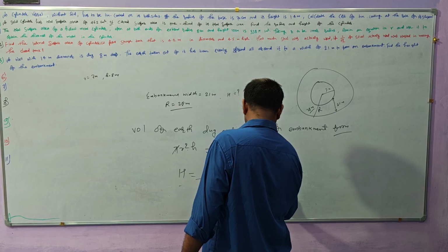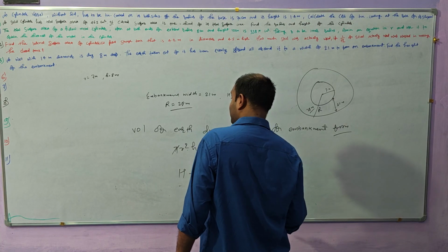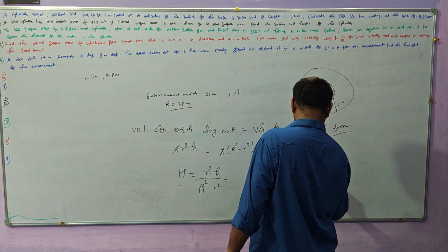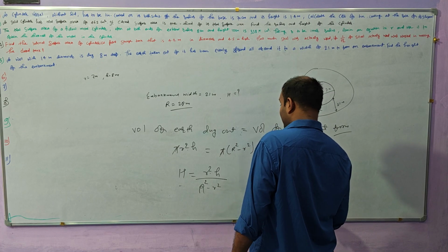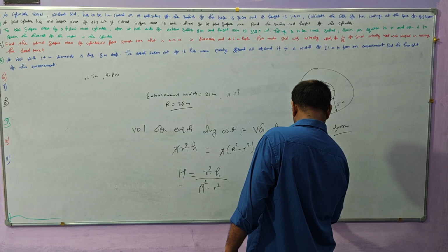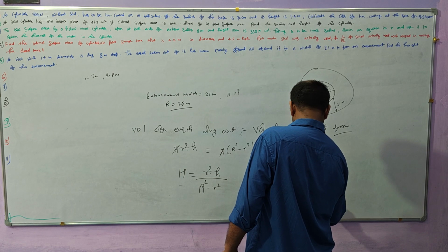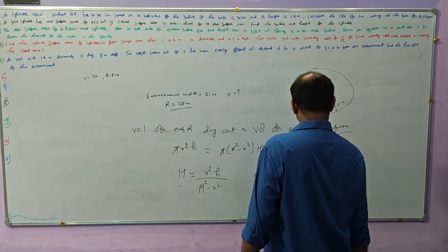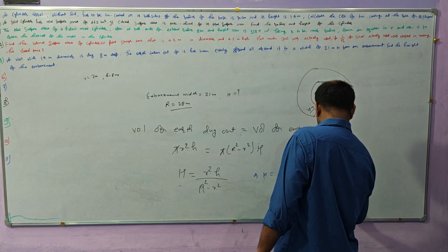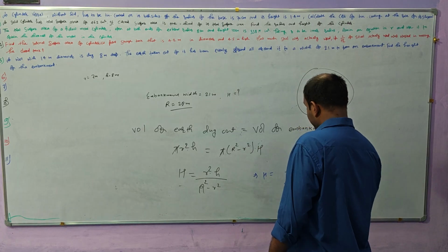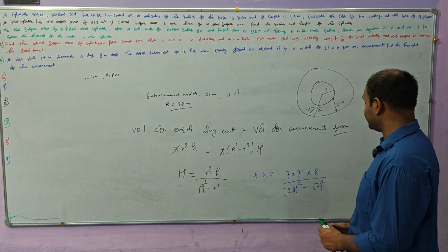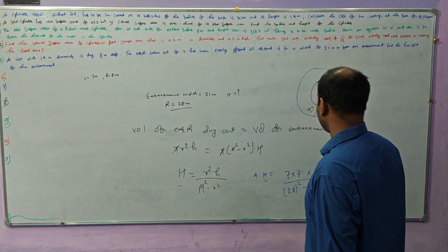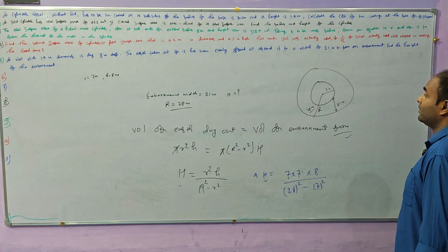So we have H is equal to 7 into 7 into 8 divided by 28 square minus 7 square. And from here we get the height of the embankment formed.